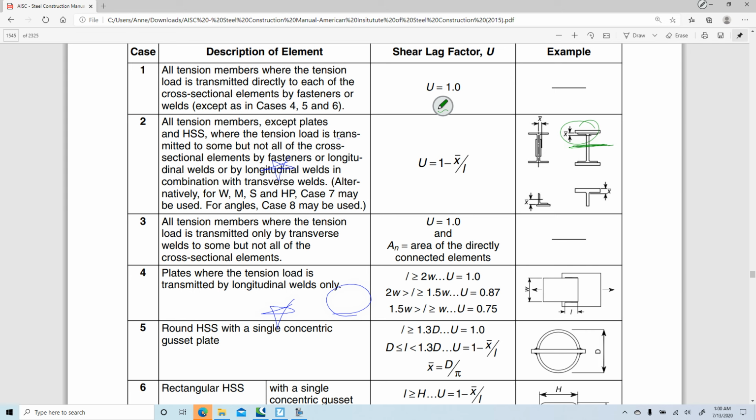Because when you're connected with the flanges, it's basically like two WTs that just happen to meet in the middle in the stem.